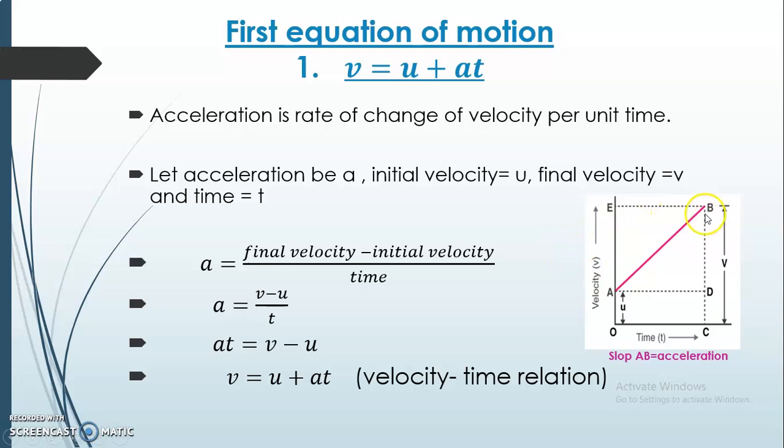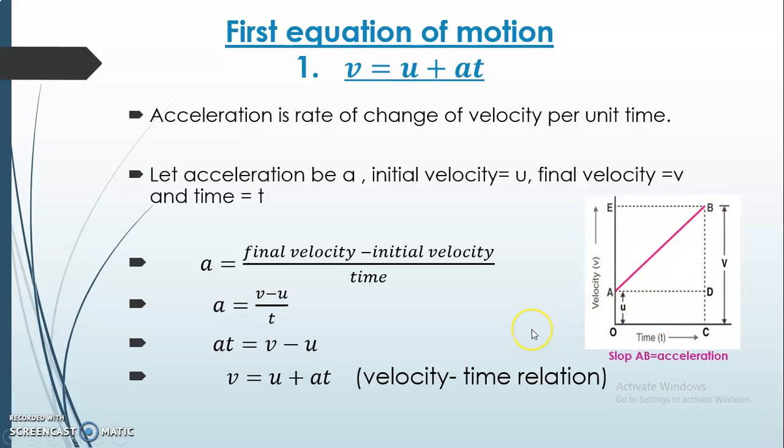But you can see there is some large distance which is under the line. If we join the point B with this C on the axis, you will see this large kind of area under this line.